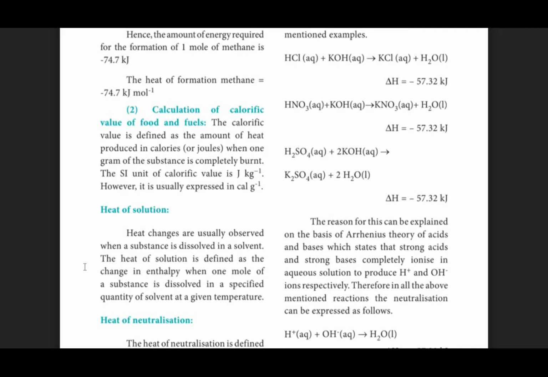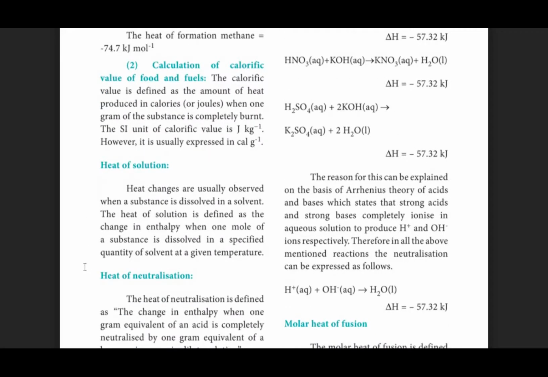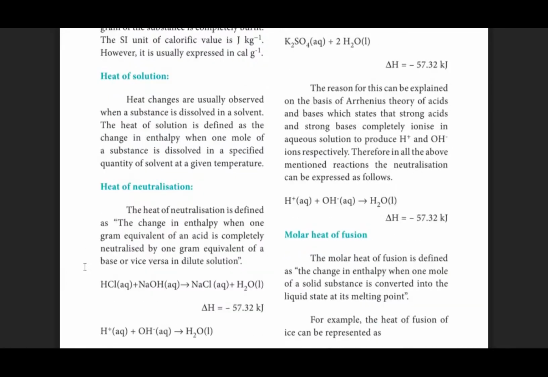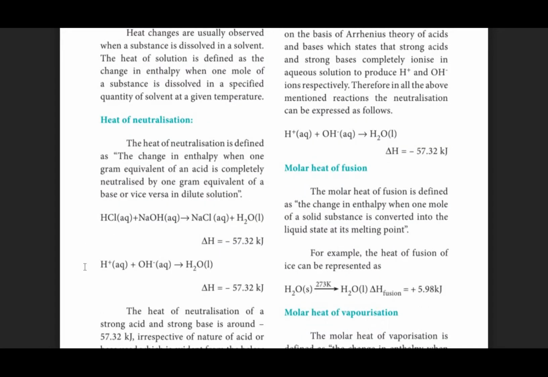For all the reactions, the delta H value is minus 57.32 kilojoules. The reason for this can be explained on the basis of Arrhenius theory of acids and bases, which states that strong acids and strong bases are completely ionized in aqueous solution to produce H plus and OH minus ions respectively. Therefore, in all the above reactions, the neutralization can be given as H plus and OH minus gives H2O. Therefore, the delta H value is constant.